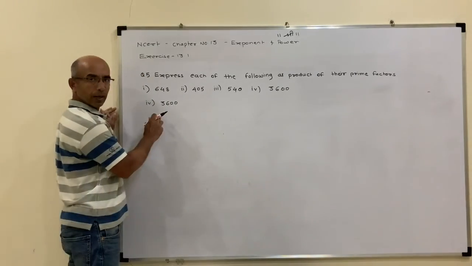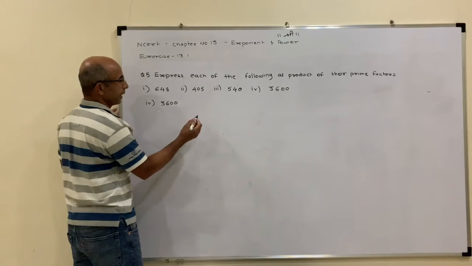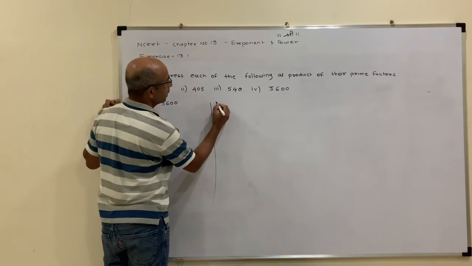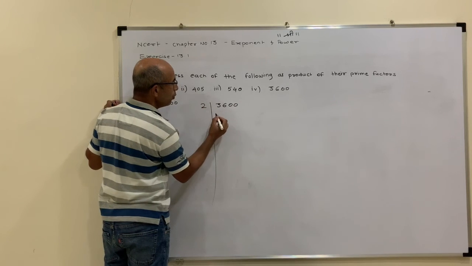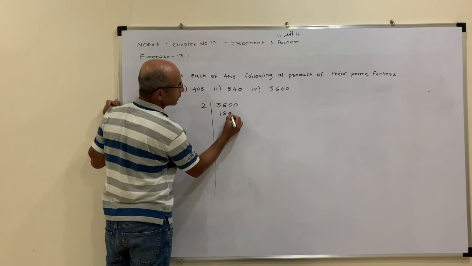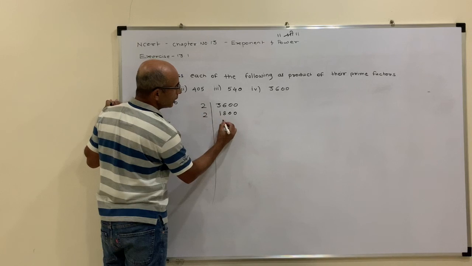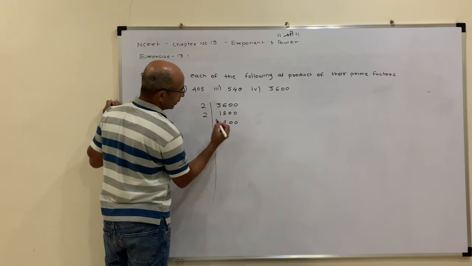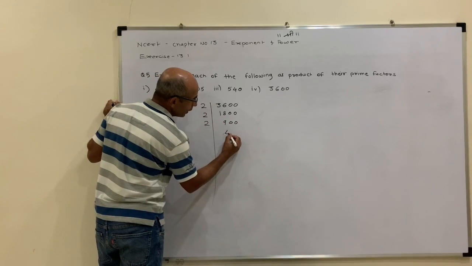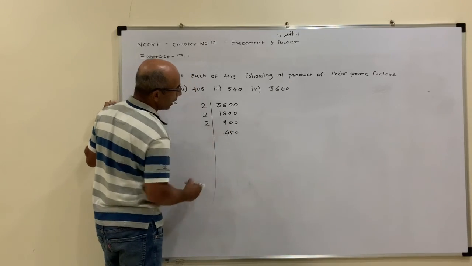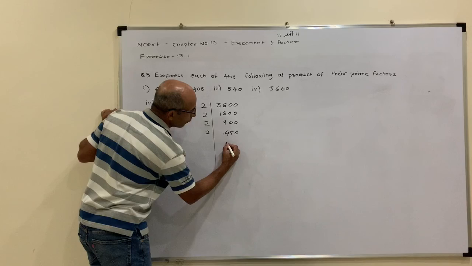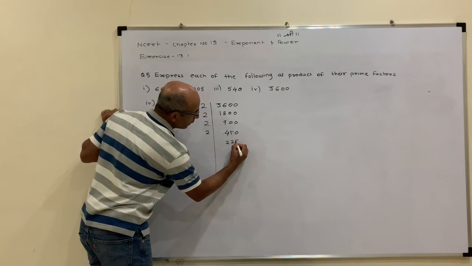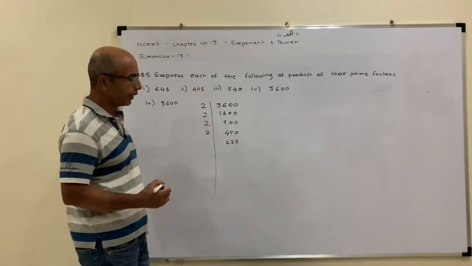Now the last one, 3600. So start with the 2: 18 to the 36. Then 2, 9 to the 18. Then 2, 45 to the 90. Then 2, 2 to the 4 and 225, 25 to the 50.